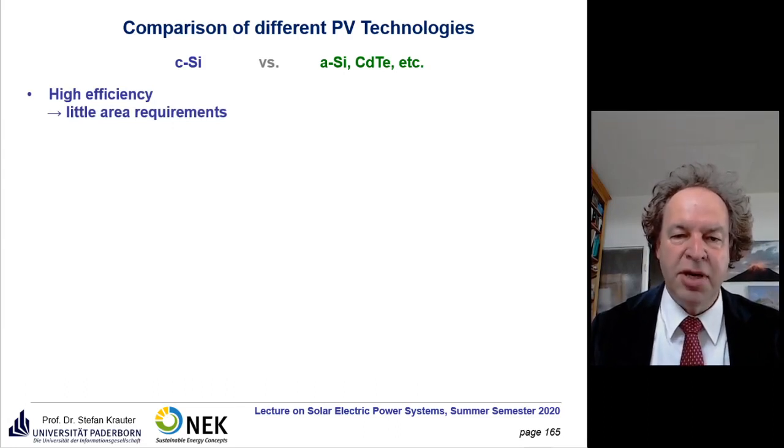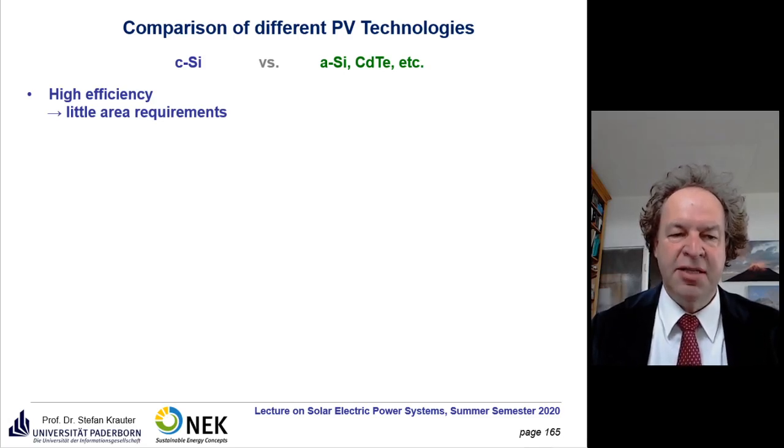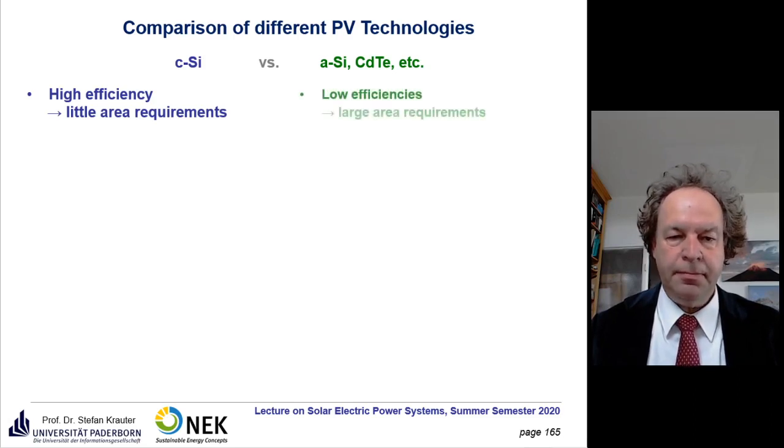There was some progress in cadmium telluride, but still the highest efficiencies occur in crystalline silicon. So they have the smallest area requirements to produce a certain power. Thin film usually has lower efficiency and requires larger areas.